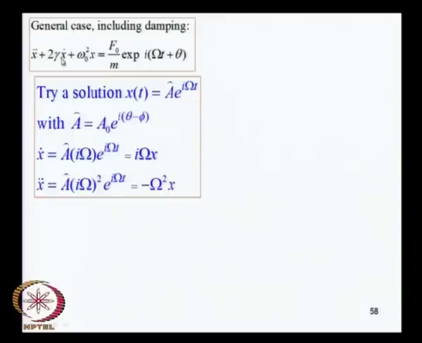The complete differential equation has these three terms on the left hand side, and we shall try a solution in this form with a complex amplitude, and we can use the same trick: when you take the first time derivative, you multiply the function x by i omega. When you take the second time derivative, you multiply by i omega twice. So i squared will give you minus 1, and you get a minus omega squared x in the second derivative term.